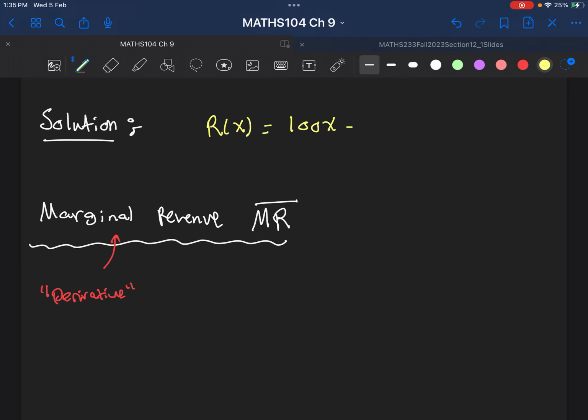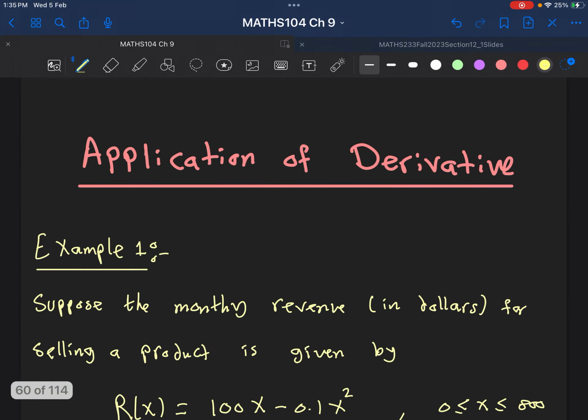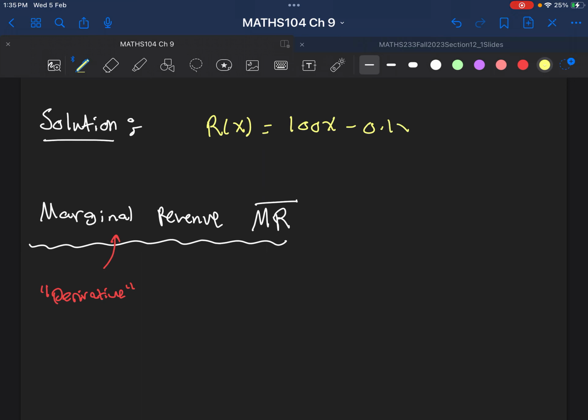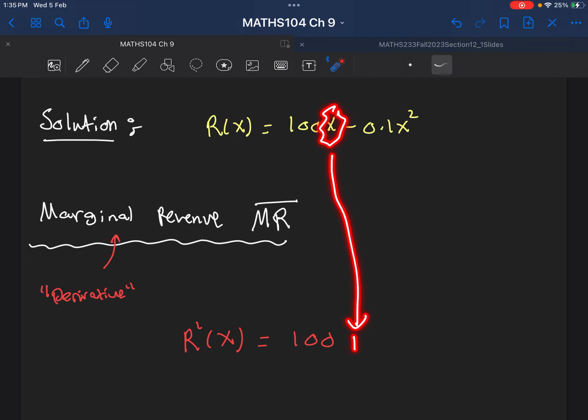Just let me remind you of the revenue function. It was 100x minus 0.1x squared. Now, the marginal revenue is R prime of x. What is R prime of x? If we have 100, we just write 100. The derivative of x is just 1, and we don't need to write 1.